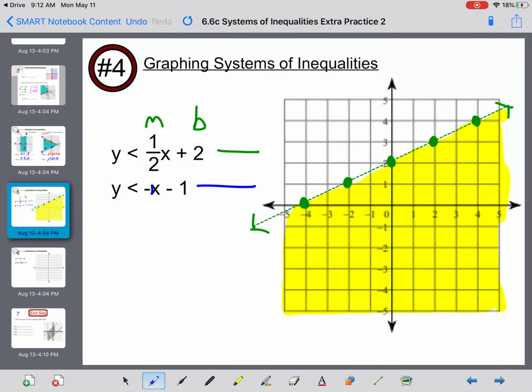Good. Okay, for your blue inequality, y is less than negative 1 over 1x minus 1.